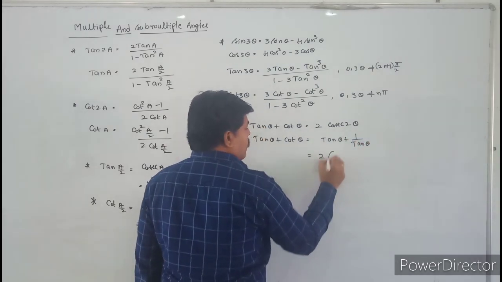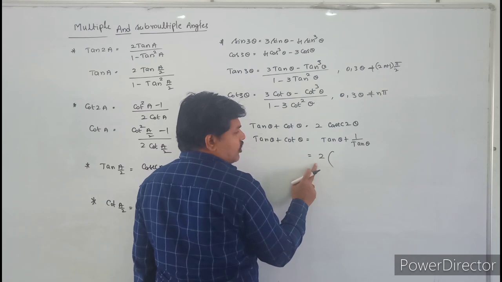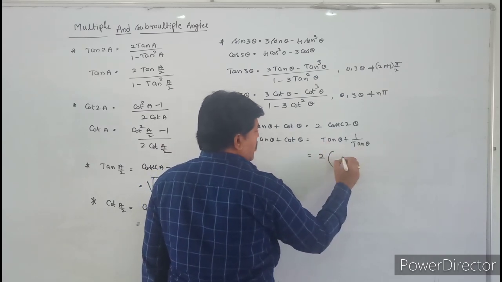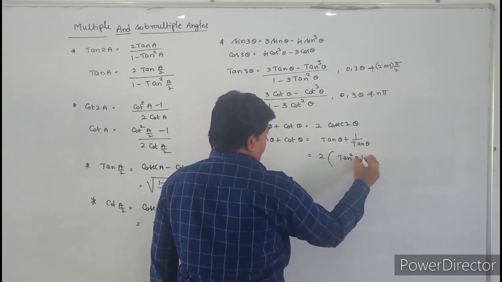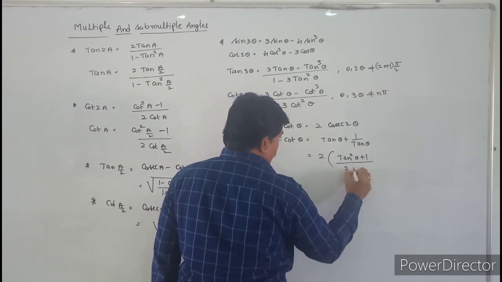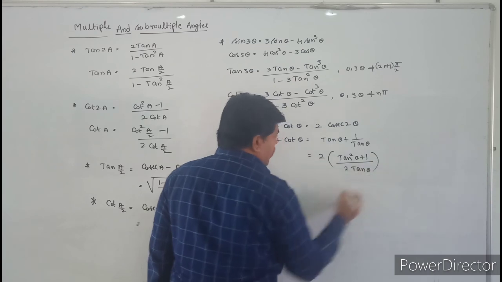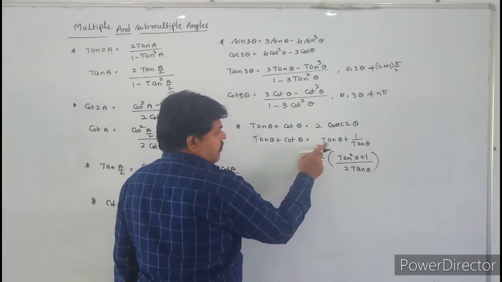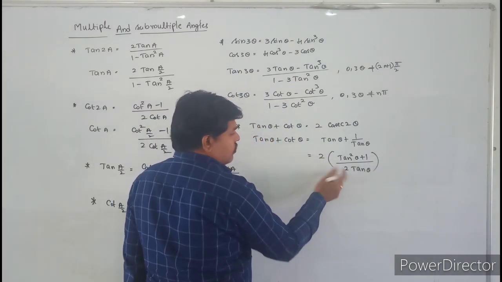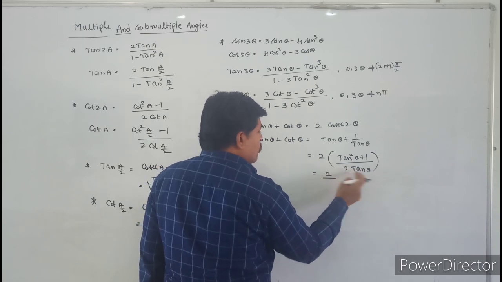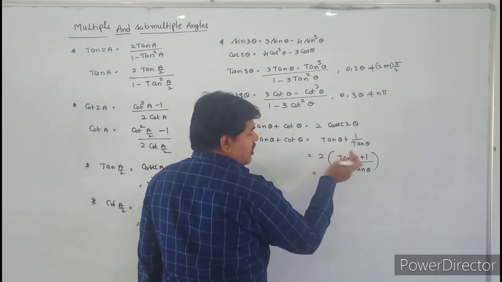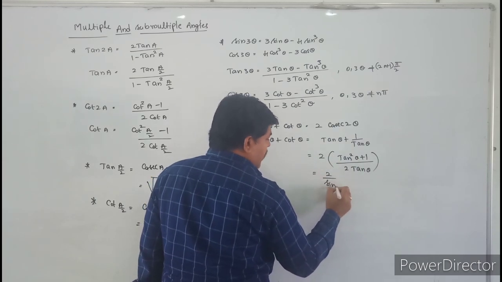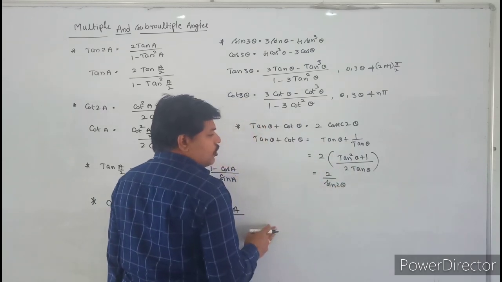So I am multiplying and dividing with 2 and taking the LCM. It will become (tan square theta plus 1) by (2 tan theta), because 2 tan theta by (1 plus tan square theta) is nothing but sin 2 theta. So it will become 2 by sin 2 theta.